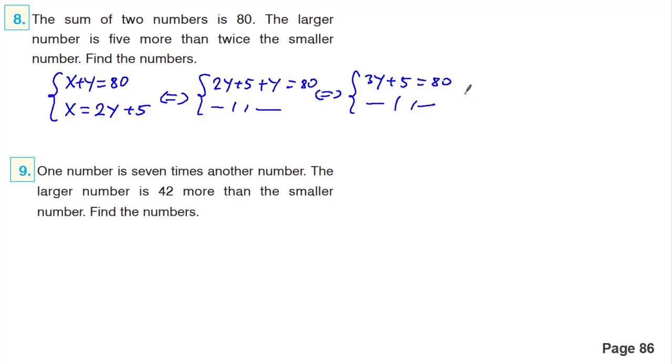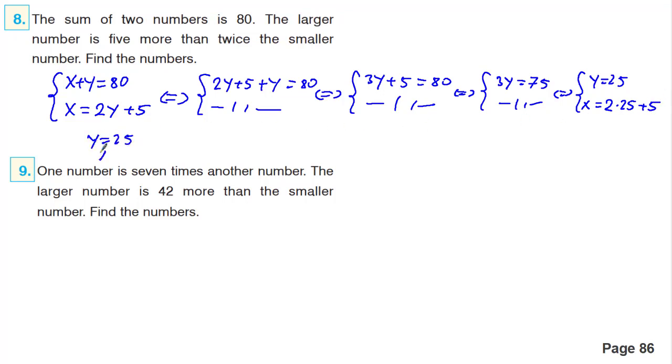So 3y is 75, and you get that y is 25. If y is 25, now we can substitute in the second equation, which was 2y plus 5, but now y being 25 means 2 times 25 plus 5, which finally gives us y is 25 and x is 55.